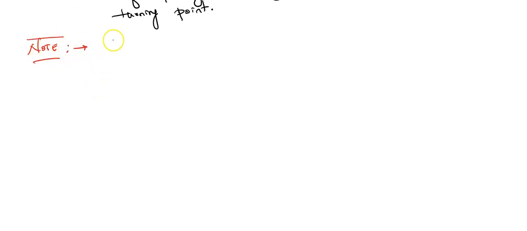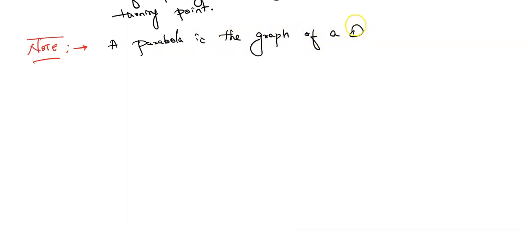What we have observed is that a parabola is the graph of a quadratic relationship. Okay, a parabola is the graph of a quadratic relationship.